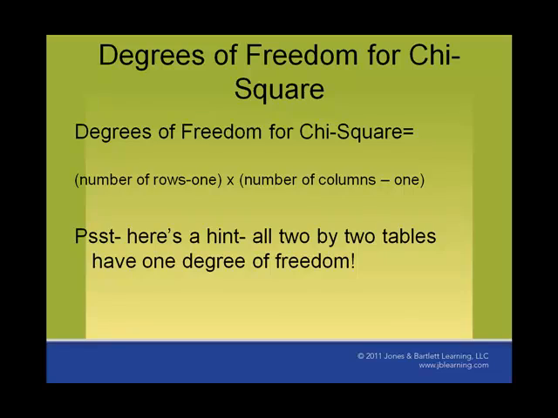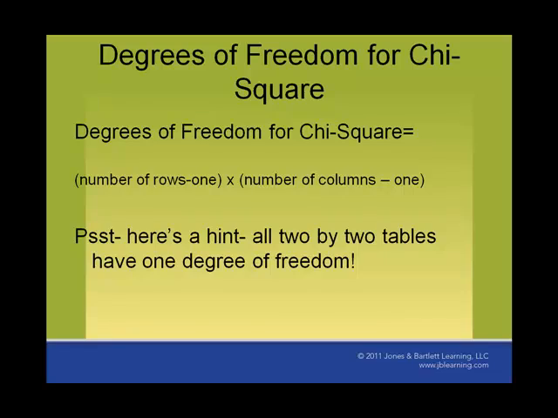So once we know what those totals are, we only have one more value which is free to vary. Because once we know the value of any of the boxes, A, B, C, or D, any of the white boxes in figure 8-1, we can determine the value of all the rest of them. And so that's simply what it means. Any 2 by 2 table is always going to have 1 degree of freedom.